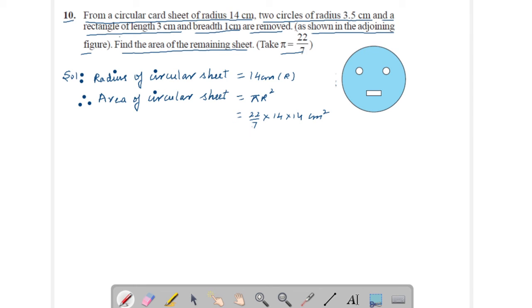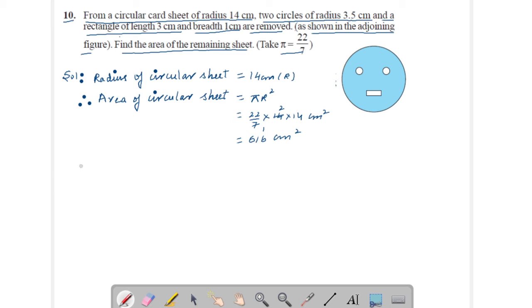Here simplified 7 once, 7 2 times 14. Here find the product. You will get 616 centimeter square. Now let us find out area of two small circles.